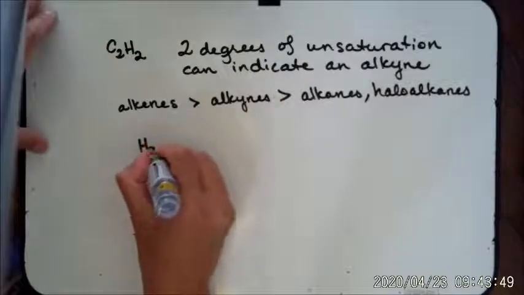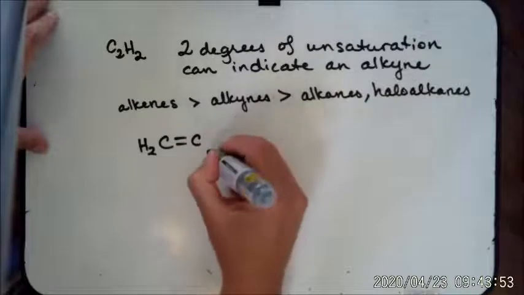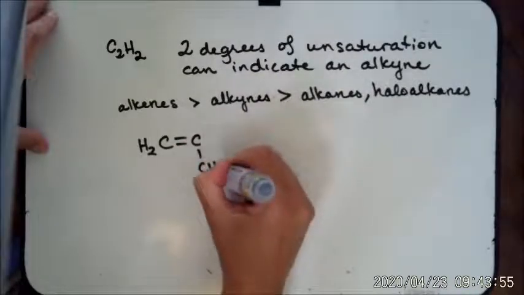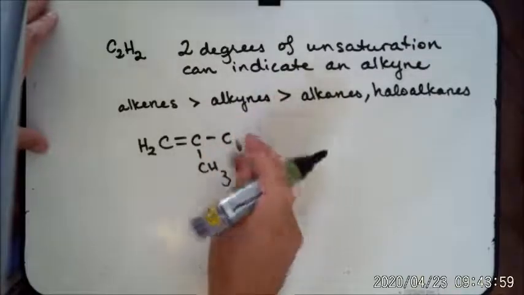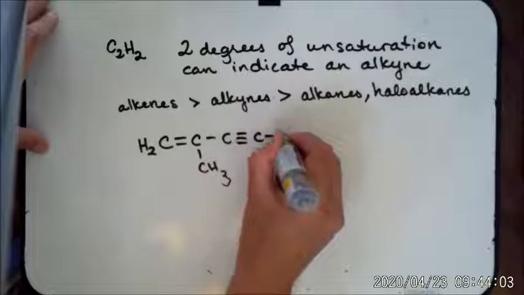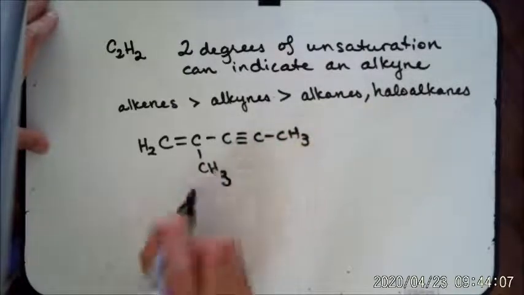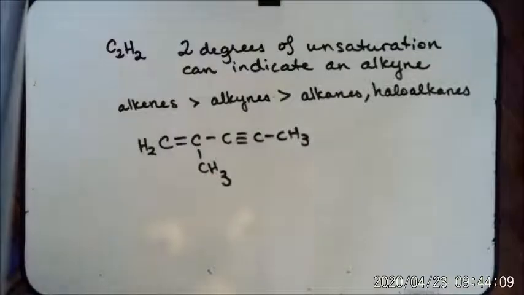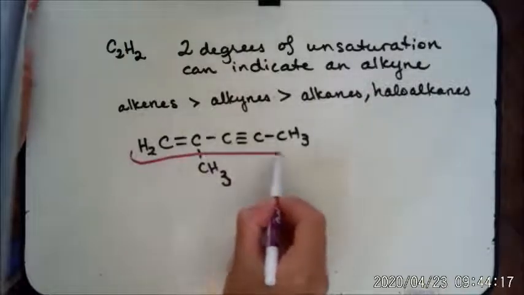How you name it is going to be very similar to when we were doing alkenes and alkanes. Okay. So when you look for your longest contiguous carbon chain, alkenes take precedence, so you want your alkenes in there, but if you can get your alkynes in there, that would be good too.